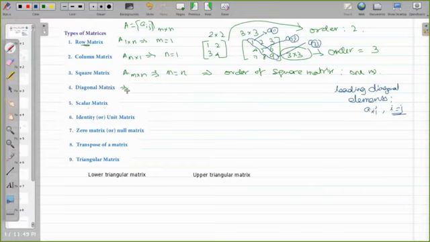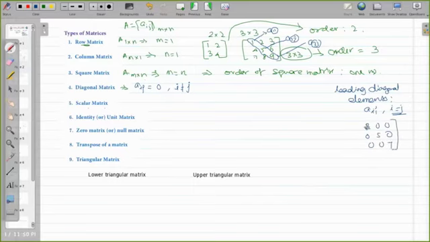Now we come to the diagonal matrix. In a diagonal matrix, the leading diagonal elements will be some non-zero numbers. Other than the leading diagonal, all the elements are 0. We can represent it like this: a_ij is equal to 0 when i is not equal to j. For example, 2, 0, 0, 0, 5, 0, 0, 0, 7.